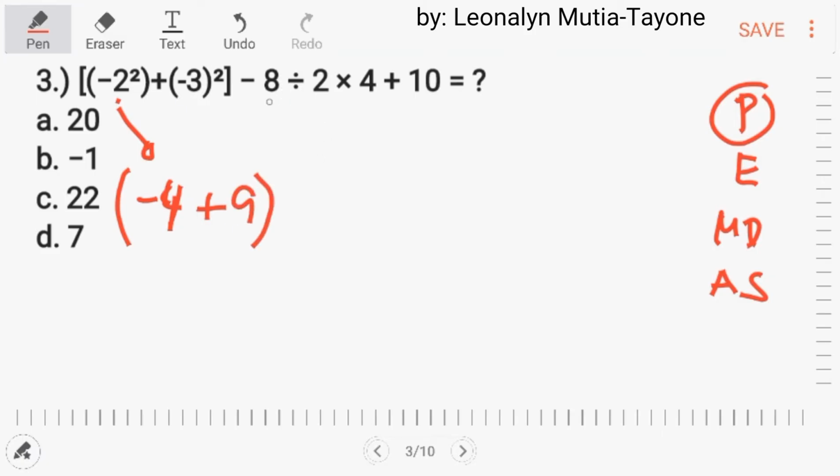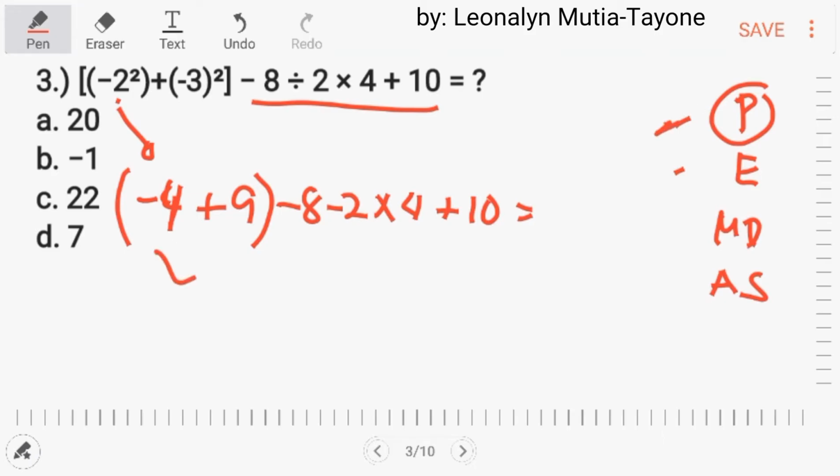So, i-bring down lang natin to lahat. 8 divided by 2 times 4 plus 10. Although pwede man natin ipagsabay, pero gagawin lang natin, isa-isahin lang natin para mas klaro. Next, parenthesis pa rin tayo. Negative 4 plus 9. Kasi hindi pareho ang sign, so mag-deduct tayo at i-carry natin yung may pinakamalaking number na sign, which is positive.